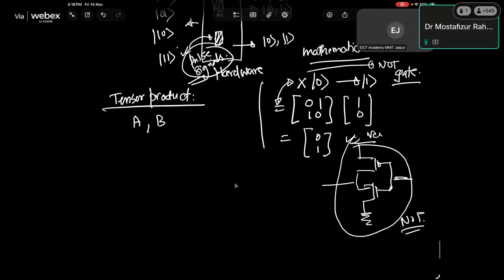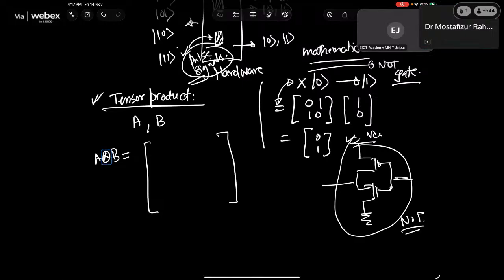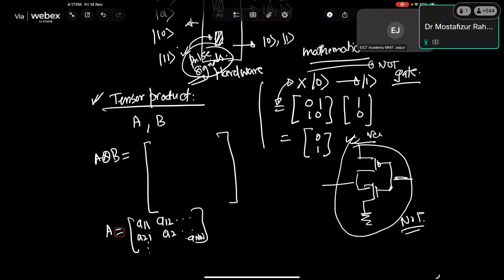Now we can talk about the states, or we can talk about the operations. But in both cases, the important thing is that if you have multiple such quantum systems, you need the help of the tensor product as a mathematical tool. Now, if you have two operators A and B, the tensor product of A and B is written as follows. Suppose the matrix elements of A are A11, A12, and so on, then A21, A22, and so on up to ANN.